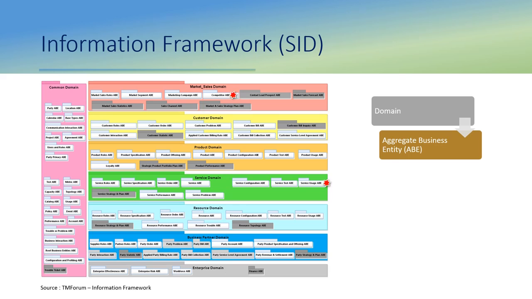The next level is aggregate business entities, a well-defined set of information that characterizes a highly cohesive set of business entities that are loosely coupled with entities in other ABEs. All the ABEs mentioned here are level 1 ABEs. For example, see the highlighted ones like competitor ABE and service usage ABE. There are a few ABEs which will also have level 2 ABEs.